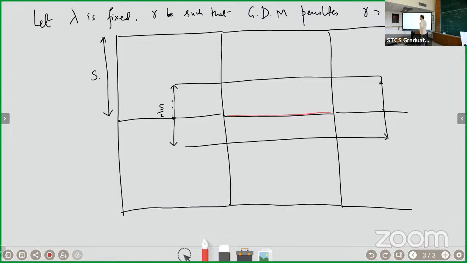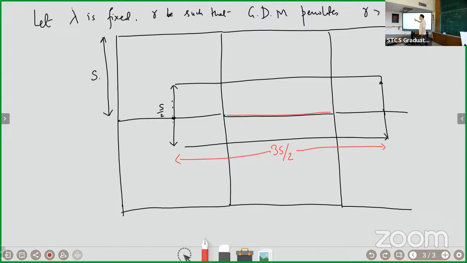For this edge, I'm thinking of this rectangle. What is the size of the rectangle? This is S, and the total width is 3S by 2. So I'm defining something in this weird rectangle.